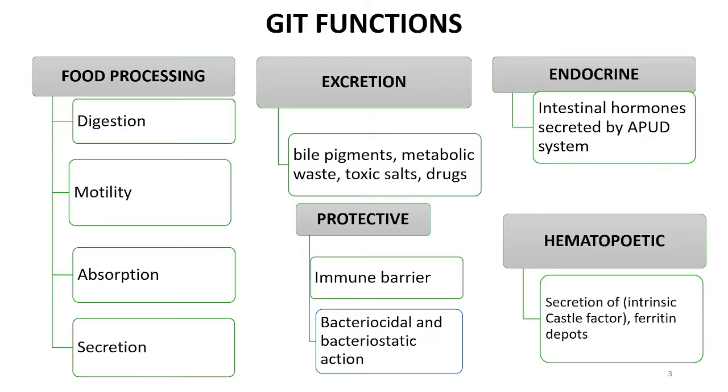Endocrine function. This is what we are going to talk about today in much detail. And we are talking about APUD system, which is abbreviation for amine precursors uptake and decarboxylation. This is the system of different cells. I have that on the footnotes of the slides later, amine precursors uptake and decarboxylation.